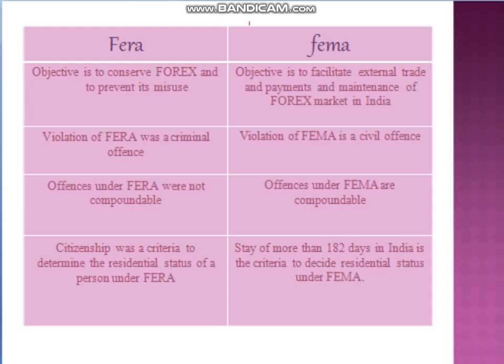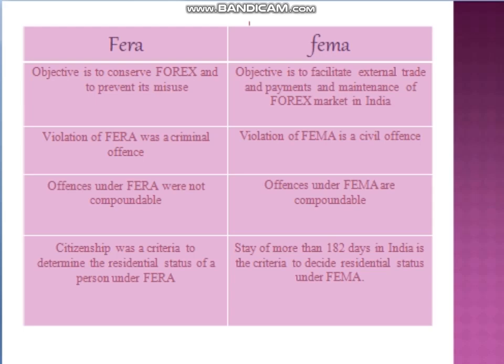FERA is like a criminal law. The British government had enacted the rules to exercise control over the colonies. Any offense under FERA was a criminal offense punishable with imprisonment as per the Code of Criminal Procedure 1973. In case of FEMA, it is a civil law. Primarily, there is no imprisonment for violation of the law.